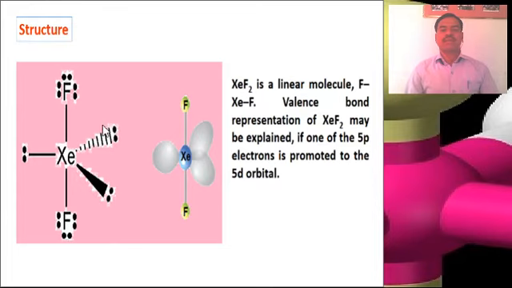The structure of XeF2: XeF2 is a linear molecule. The valence bond representation of XeF2 may be explained if one of the 5p electrons is promoted to the 5d orbital.